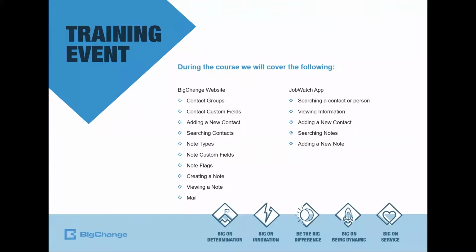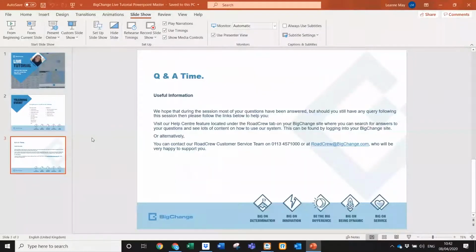Part of those were from the administrator's point of view, so some of you may not be able to do that with your restrictions. You can certainly make suggestions to colleagues who can, or you know how to set up and why you have to do certain things. Then we had, obviously, the CRM tab, which you will all have access to. And then we looked at the search from the JobWatch app.